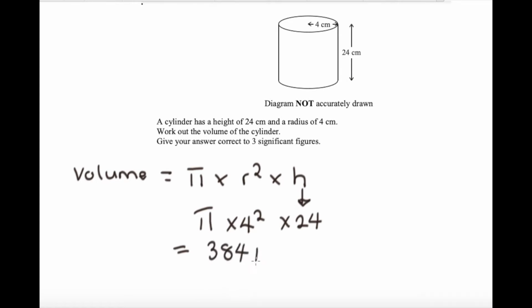384 pi. And if we simplify it on our calculator, that will give us 1206.371579. And remember, it says our answer should be to 3 significant figures.